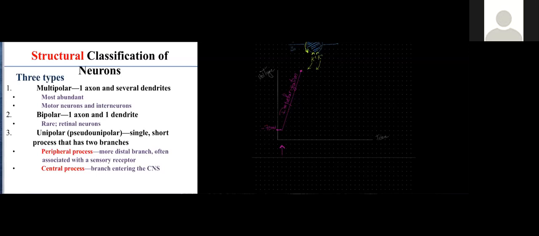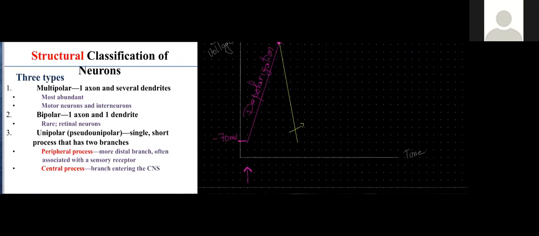Once I reach the apex of this wave, what's going to happen? I close sodium channels and I open potassium channels. Allowing the potassium out will make the membrane return back to its resting membrane potential. We call this phase my repolarization phase.